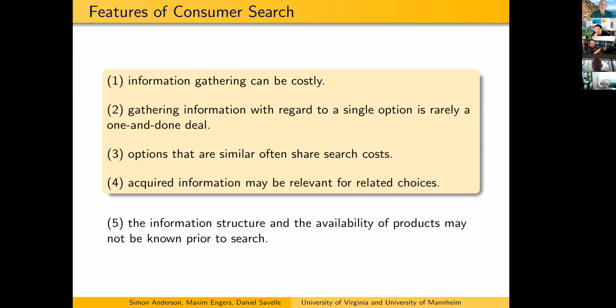Right. So basically, we're going to make search more rich, but along the way, we're going to admit complementarities. So this is breaking you outside of what you could do with something like BLP, where you're stuck in the gross substitutes world.